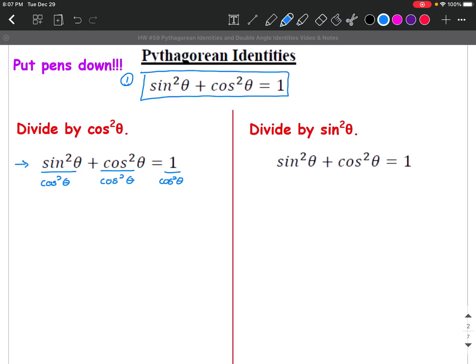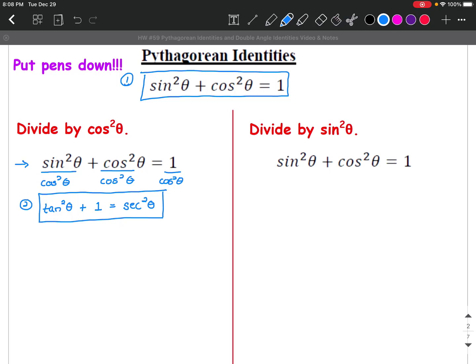Well, sine over cosine is tangent, so sine squared theta divided by cosine squared theta is tan squared theta, plus cosine squared theta divided by cosine squared theta is 1. And 1 over cosine squared theta, well, 1 over cosine is secant, so 1 over cosine squared theta is secant squared theta. And now you have the second of the Pythagorean identities.